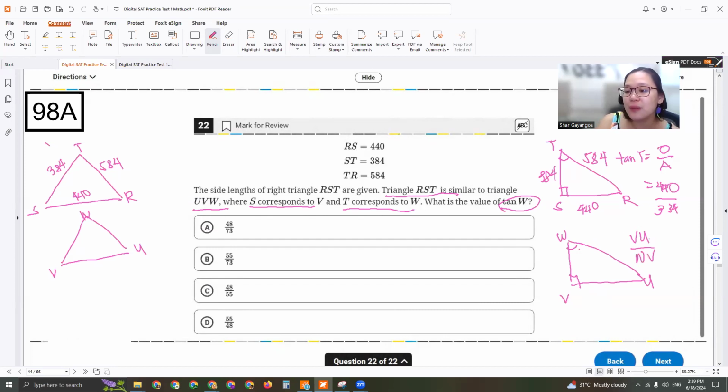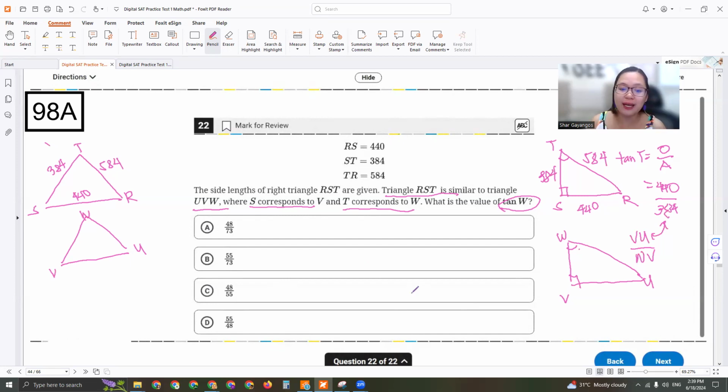And what do we know about this too? Remember, they are similar triangles, therefore they are proportional. The ratios of their sides should be the same, meaning VU over VW should be equal to 440 over 384.